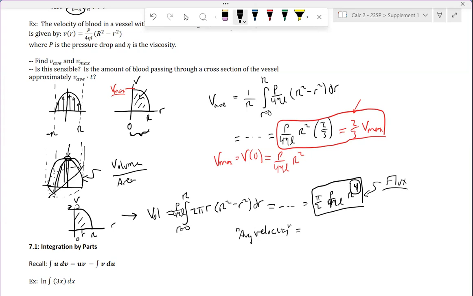The blood that's moving slow is near the edge, but that annulus has a much larger area. There's a lot more blood near the edge of the vessel than there is in the very middle of the vessel. There's a lot more that's moving slowly than that's moving fast. So what's my average velocity? It might be better to, again, take this flux, divide by the cross-sectional area.